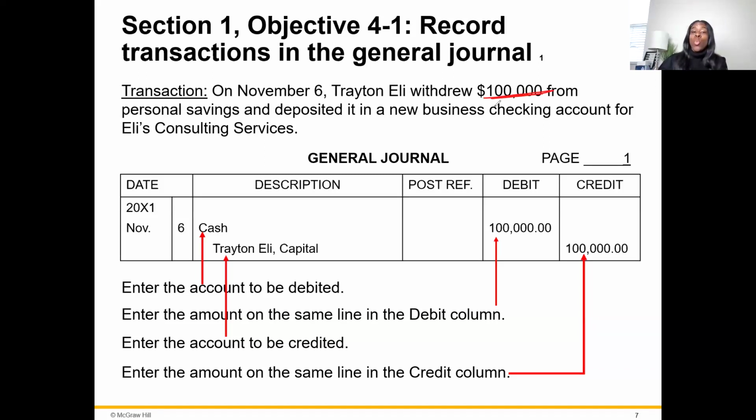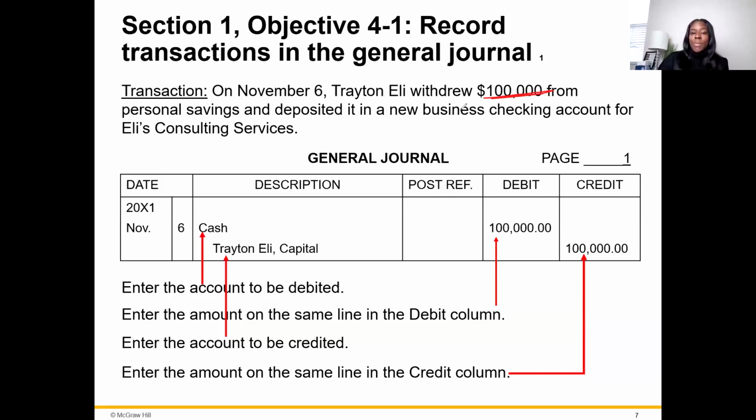And then the second account is capital: when he puts it into the business, he has gotten capital within the business. Capital is money that we have to run our business. Now, it doesn't say capital here, but you're learning that when someone invests in a business, that is capital. So we've identified cash and we've identified capital.